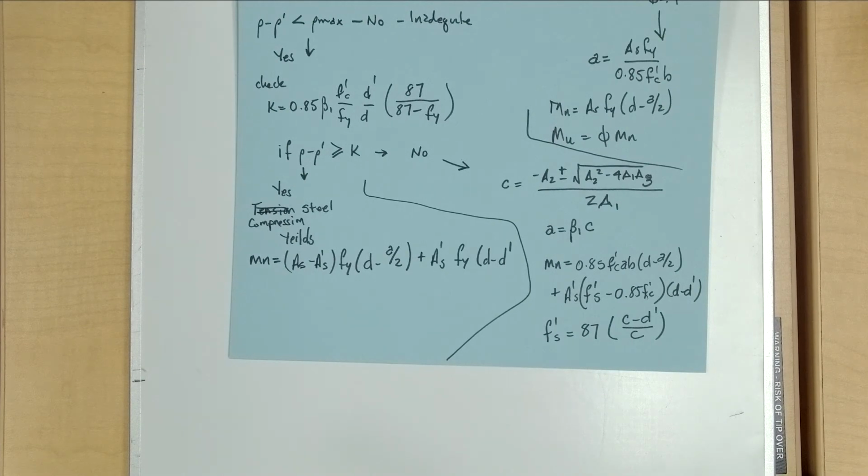Why do we have two different M_n equations for the two different cases? Because one of them is when the steel yields and one of them is when it doesn't yield. And so we have a different result when the compression steel yields versus when it does not.